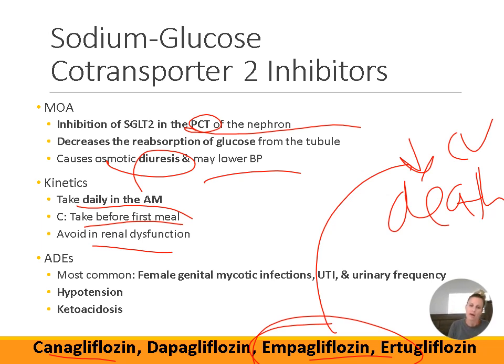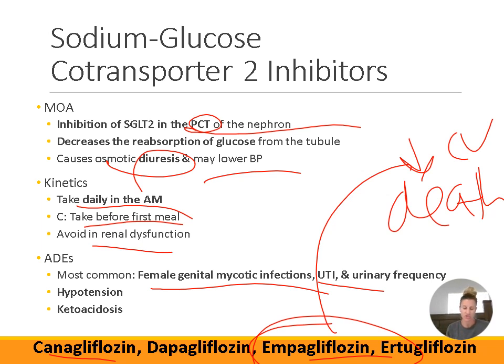The most common adverse drug effects that we see with these agents are female genital mycotic infections, so like vulvovaginal candidiasis, for example, a yeast infection of the female reproductive tract, as well as urinary tract infections. And the reason for this is that there is so much excess sugar in the urine.